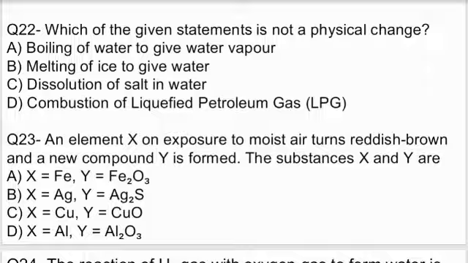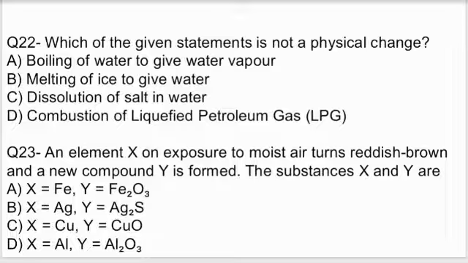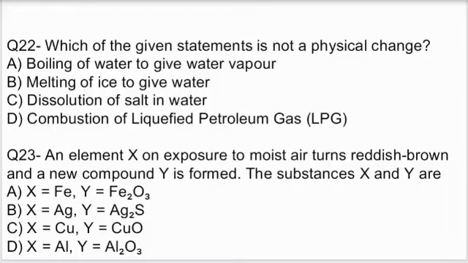Next question. An element X on exposure to moist air turns reddish brown and a new compound Y is formed. The substances X and Y are, the options are: A. X is equal to Fe, Y is equal to Fe2O3.